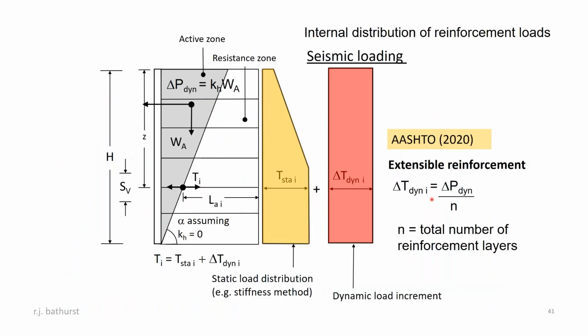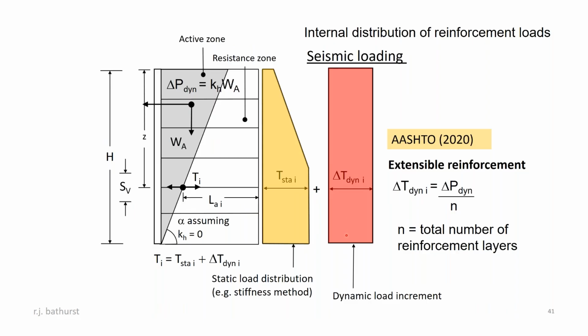Earthquakes, one of the things that we can do is we can add an additional dynamic tensile load to each reinforcement layer. And we just add that to the static loads that we calculate using the stiffness approach. And without getting into details, we assume that this is simply a uniform distribution.